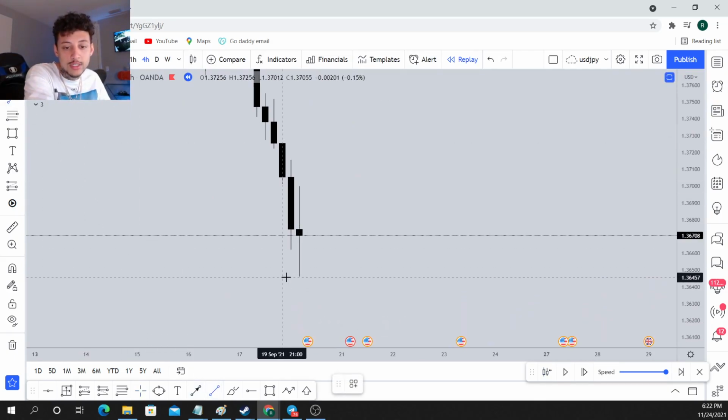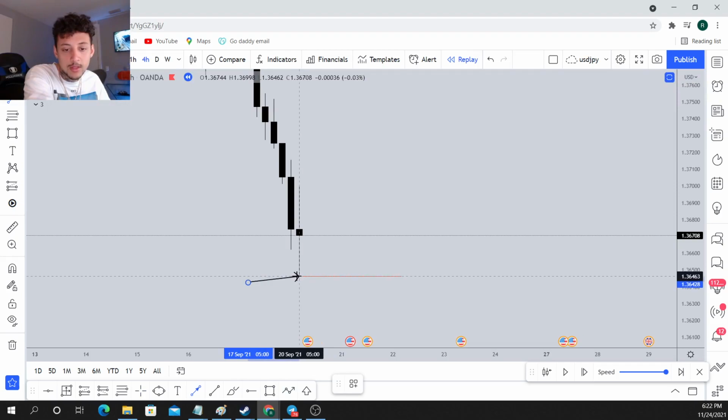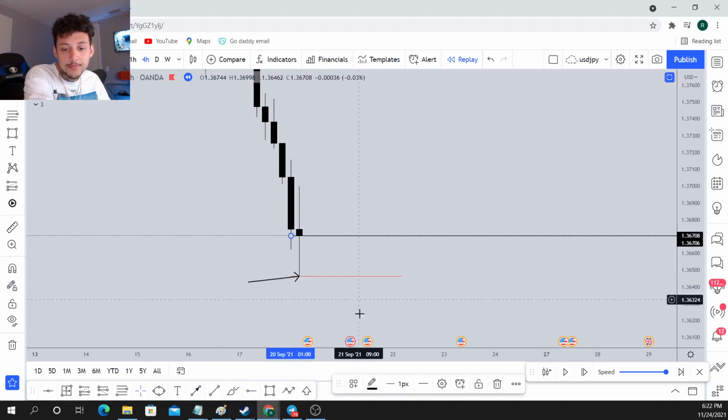So I'm going to use this marker here. This red line is going to be the lowest low, which is the bottom wick. This line right here, I'm going to make this green, is going to be the lowest close.